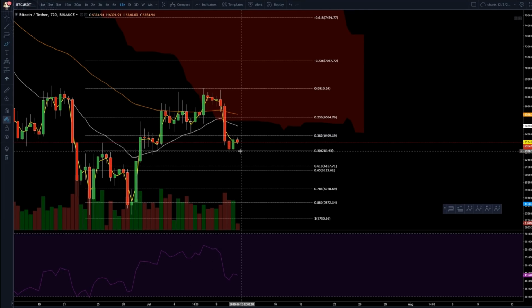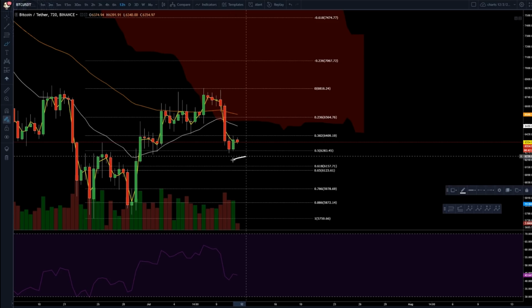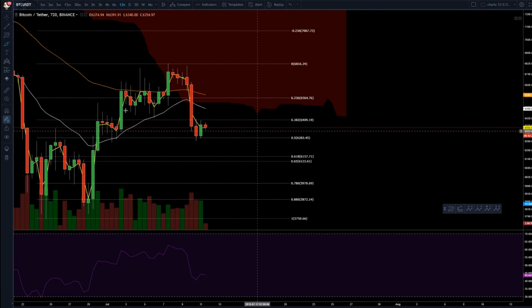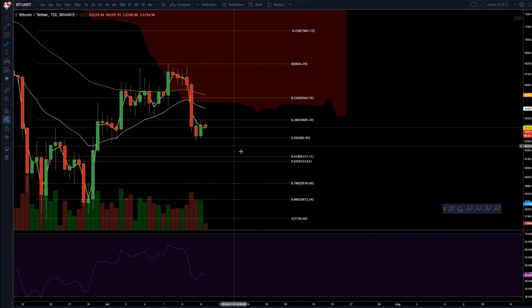So if for some reason we fall down here, in my opinion, we fall immediately to the 0.618 from the 0.5. There's nothing in between. Okay, you're not going there. So you're falling to the 0.618, and perhaps you will find support here if you fall down here, right?